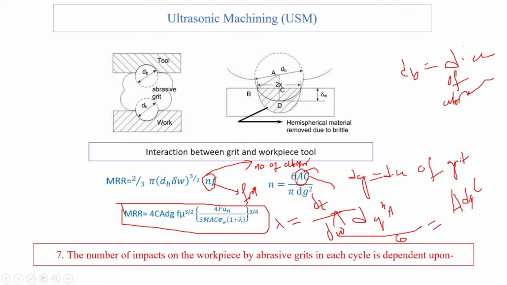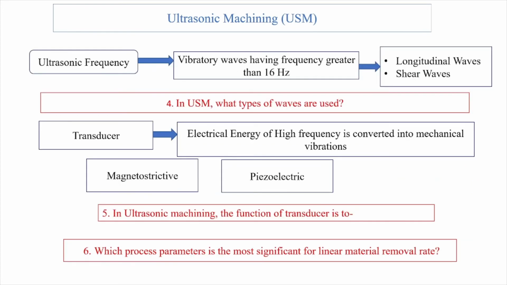The ultrasonic vibrations, which are produced by the transducer itself, have a great effect. We have seen the magnetostrictive and piezoelectric transducers. Magnetostrictive has low efficiency, but piezoelectric has higher energy efficiency and does not require extra cooling, though it has low power capacity.